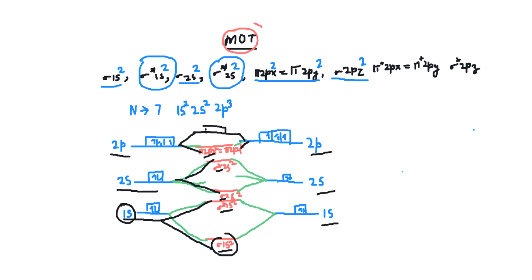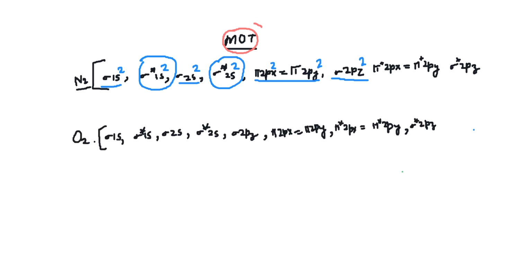By the way, the last thing to remember: this energy order is only up to nitrogen. If you want to find out for oxygen, you have to remember another molecular orbital energy diagram. Okay, I'll tell you that one also. Now, you have to remember the molecular orbital electronic configuration for oxygen.